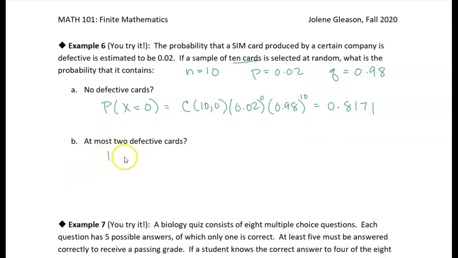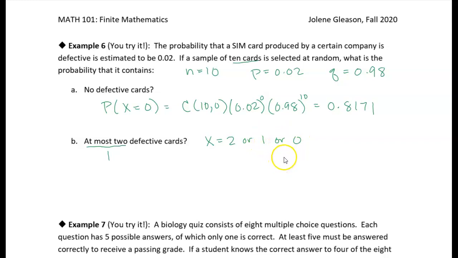All right, so we also want to know what's the probability that you get at most 2 defective cards. Now, what does that mean? At most 2 defective cards. So that means we're looking for the cases where either x is equal to 2 or less than 2, so 1 or 0.